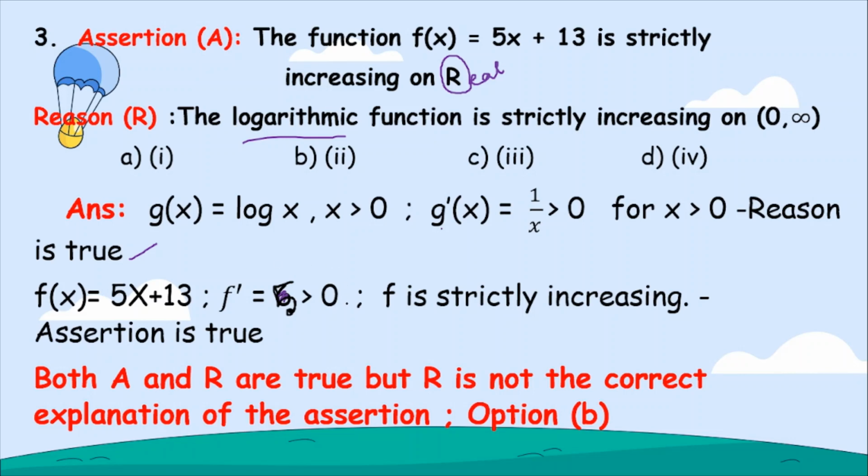When the first order derivative is greater than 0, it is strictly increasing, and it is a linear equation, it keeps on moving in the upper limit. So strictly increasing, the assertion is also true.